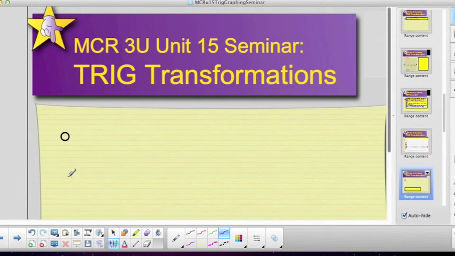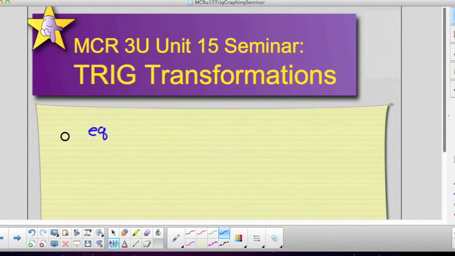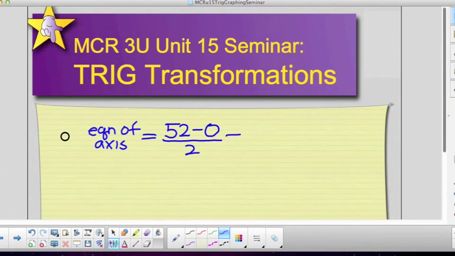So my equation of the axis is my maximum, 52, subtract my minimum, divided by 2, which is going to give me 26 centimeters.